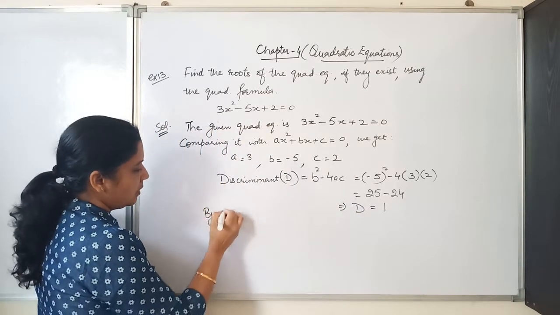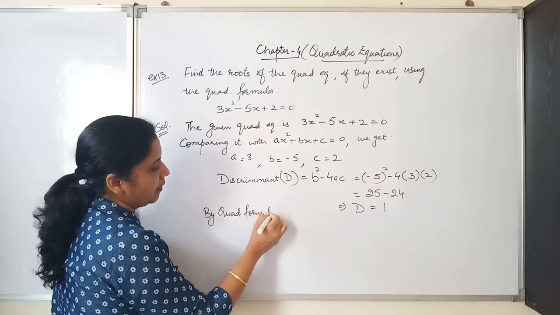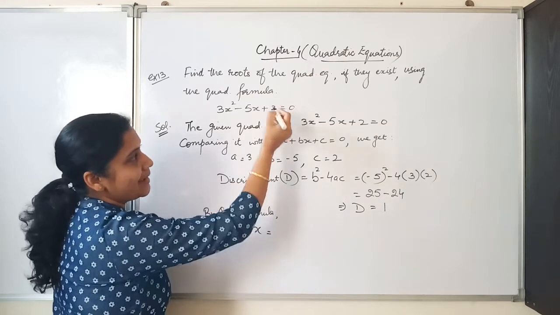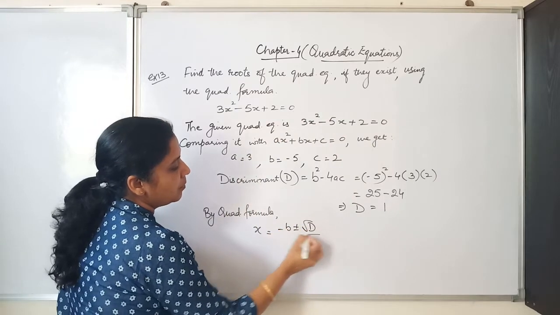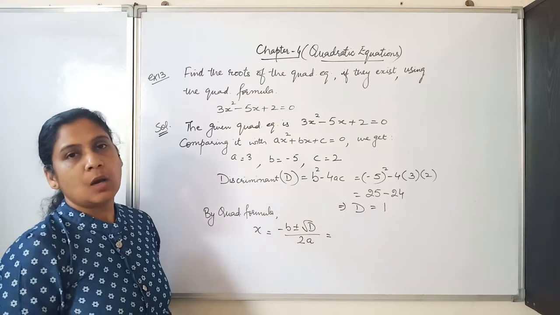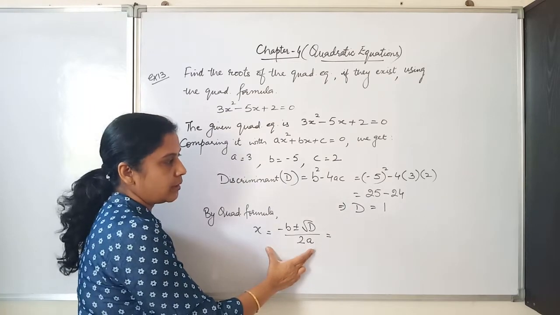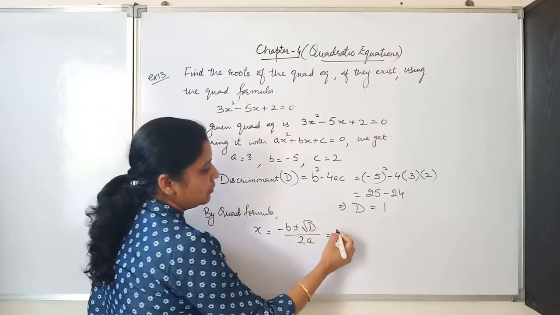Now by quadratic formula, the variable x is equal to minus b plus minus under the root D upon 2a. This is the quadratic formula which is mentioned in the question. Let's put down the values.